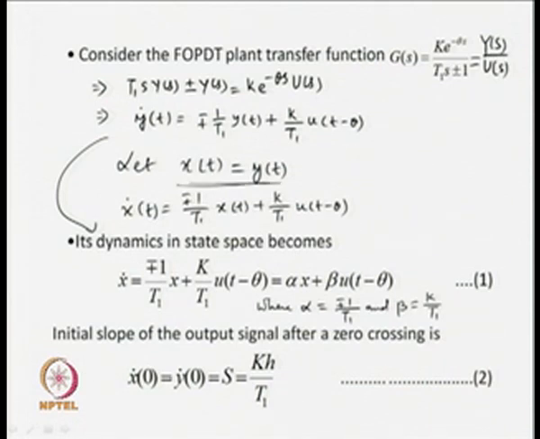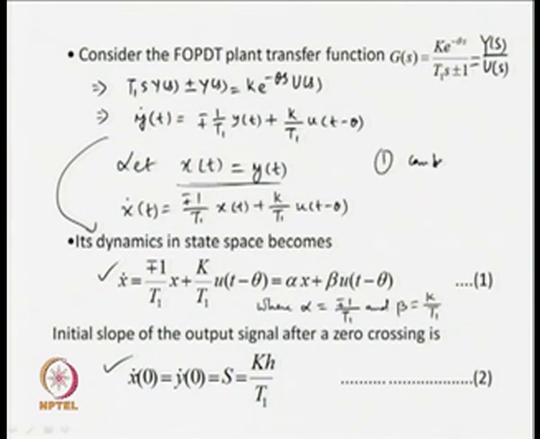Therefore, y dot (0) is equal to x dot (0) is equal to the slope of the signal as K h by T1. How do we get this K h by T1? From this equation number 1. Now, I can write the equation number 1.